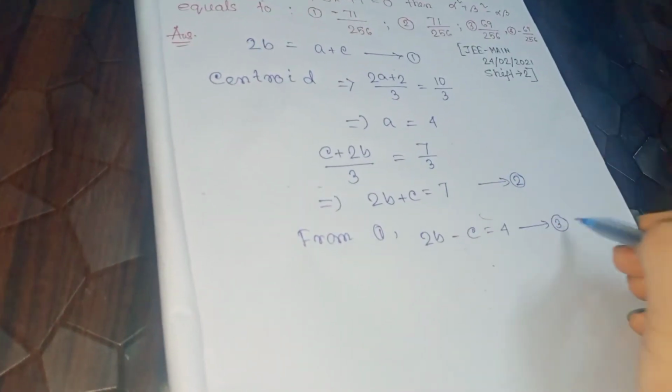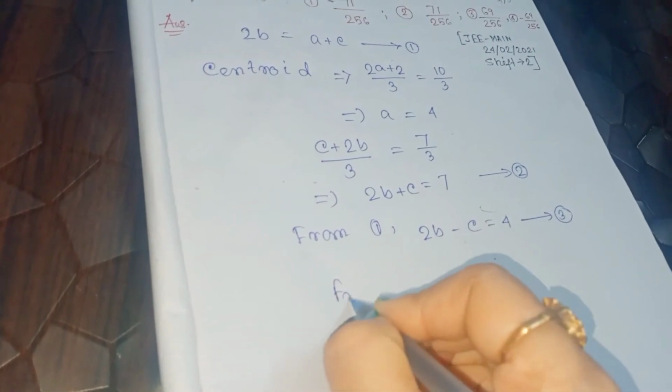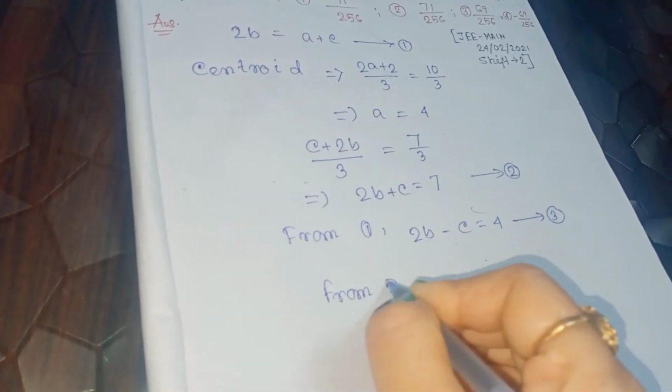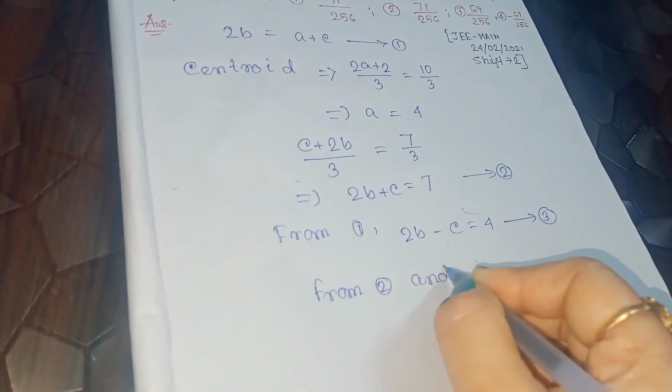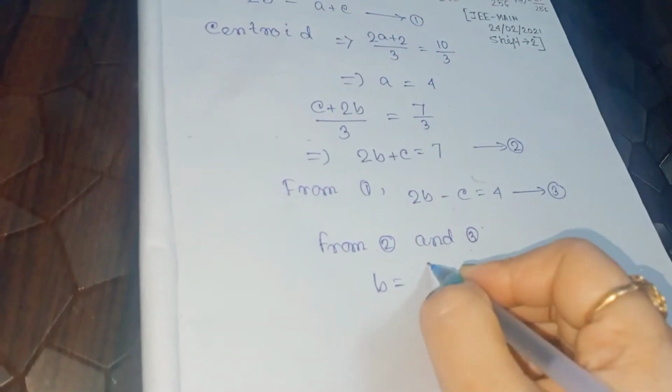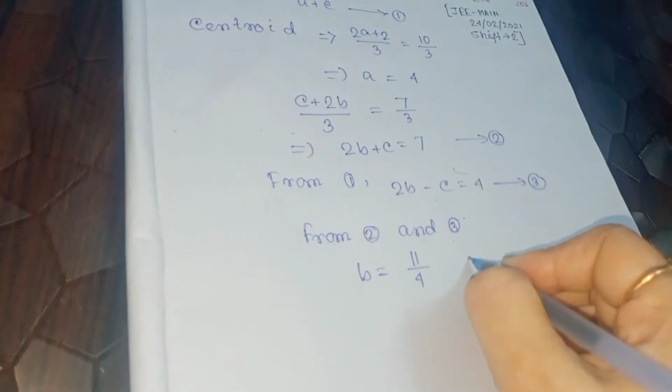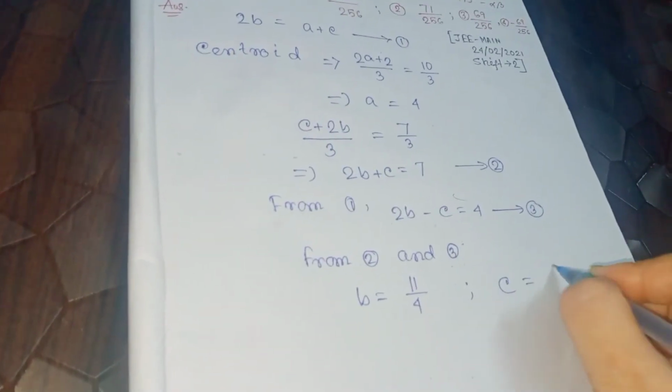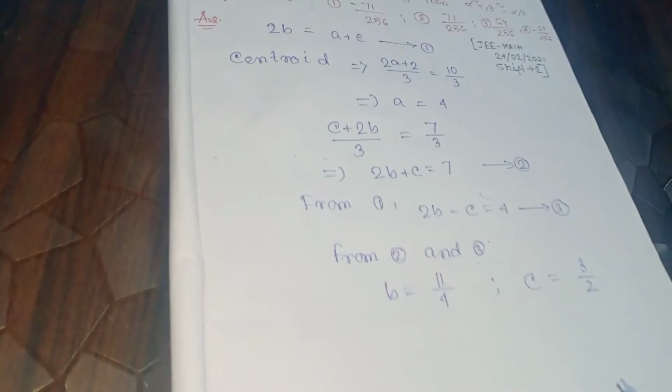Now from 2 and 3, after calculation we get b is equal to 11 by 4 and c is equal to 3 by 2.